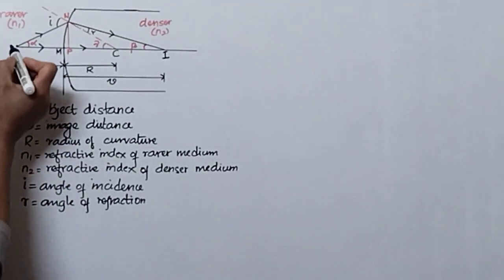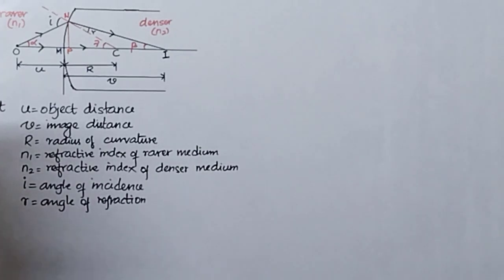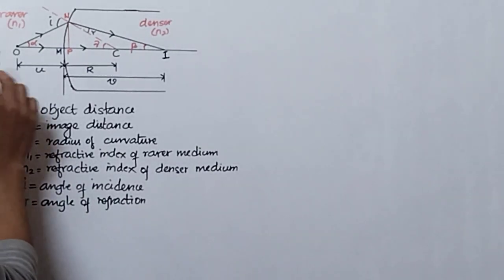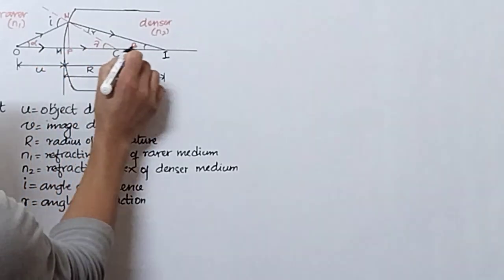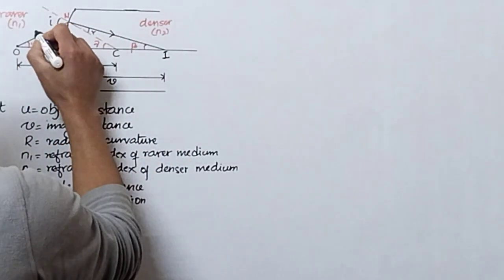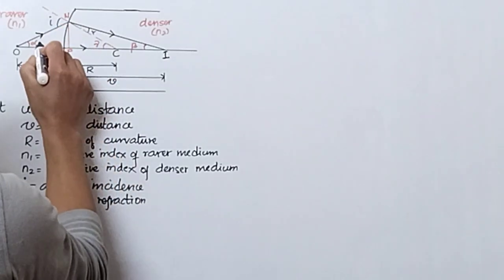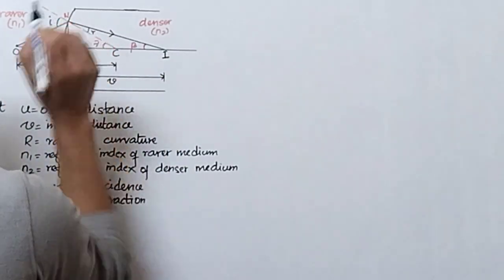Now we have an object O outside this curved surface. Now from the object we are taking two incident rays. One which is passing through the center goes without any deviation in the same straight line, and the other is going in this direction. So these are the two incident rays.